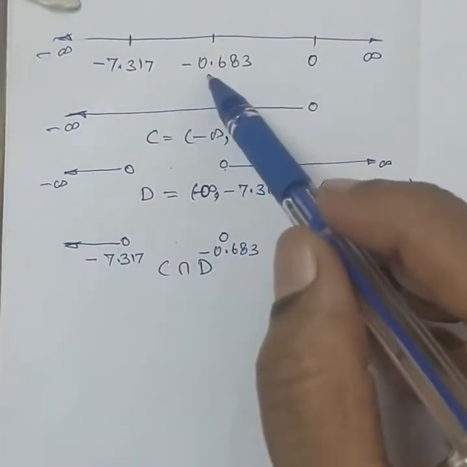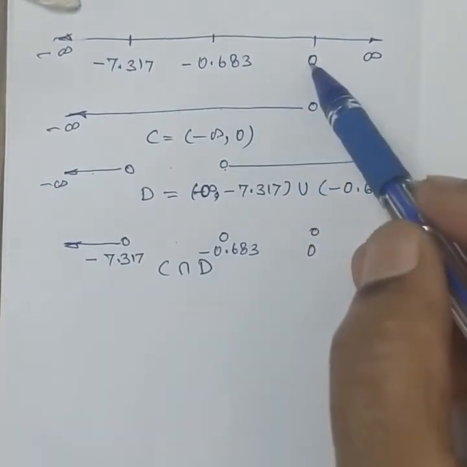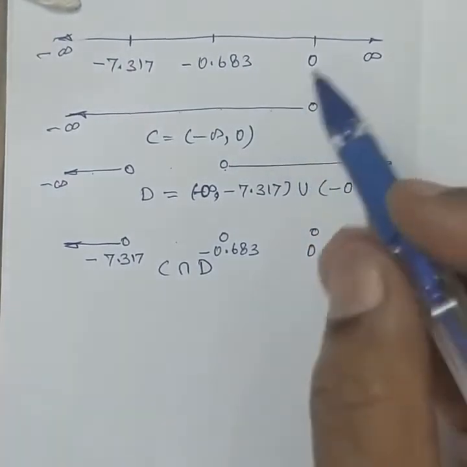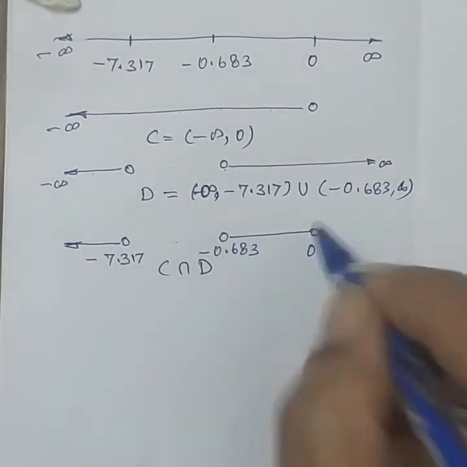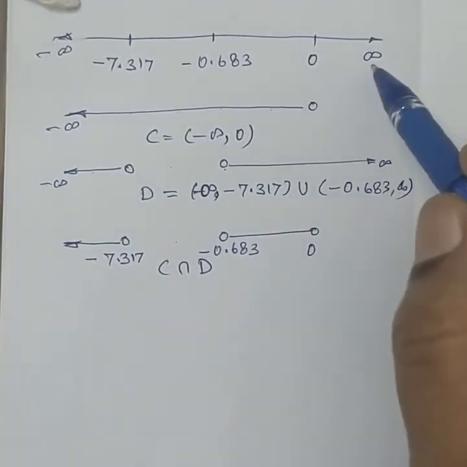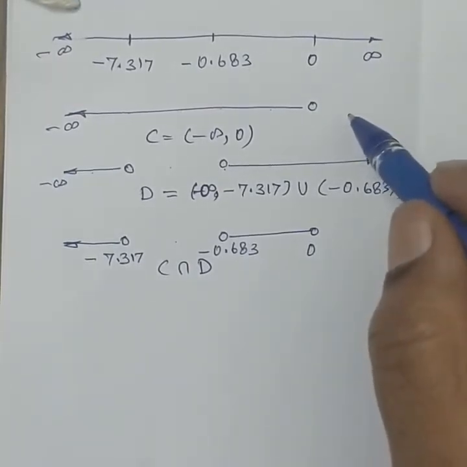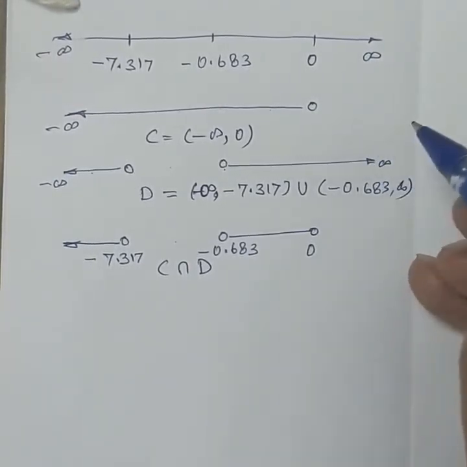The interval between minus 0.683 and 0 is an element of C and an element of D, hence it is an element of the intersection. The interval between 0 and infinity is not an element of C, hence it is not an element of the intersection.